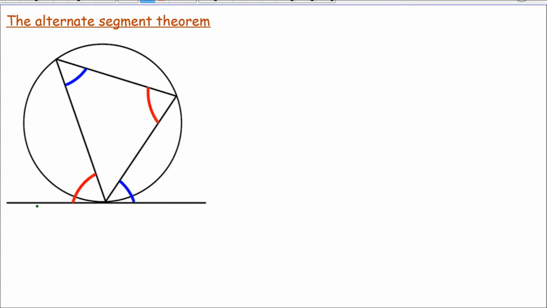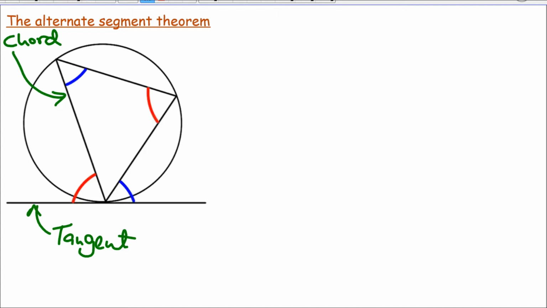Now, this is a tangent, and then this one is a chord. Okay, that is called a chord. Now, a chord divides a circle into two parts.